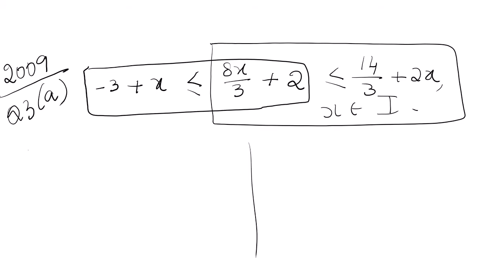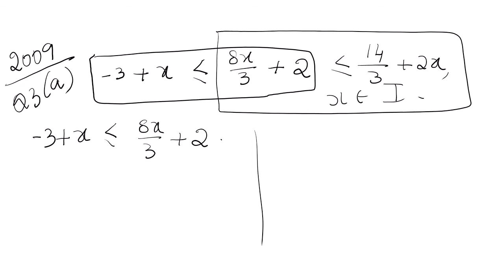So minus 3 plus x less than or equal to 8x upon 3 plus 2, and the other part is 8x upon 3 plus 2 less than or equal to 14 upon 3 plus 2x.